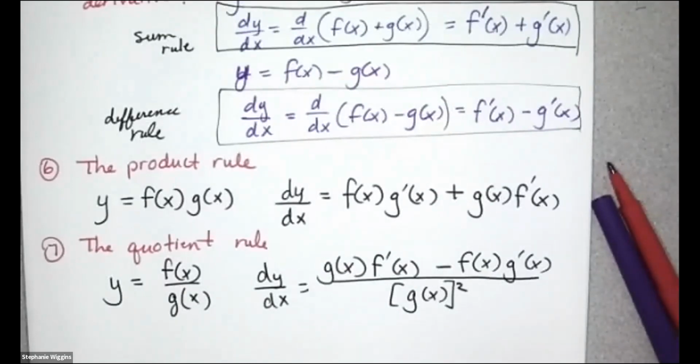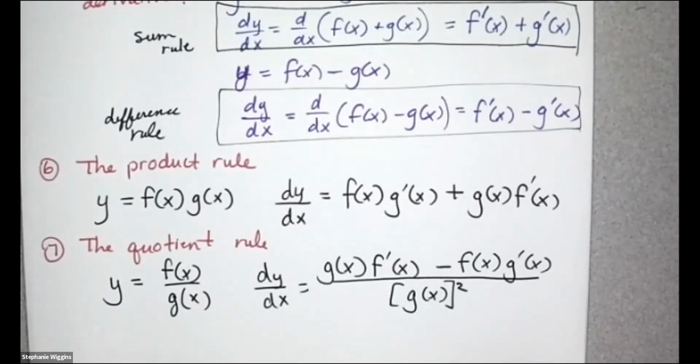So if you want a prettier copy of these rules than what I'm scribbling out right here, and you just want to print something out, you can just Google these. Let me show you very quickly.